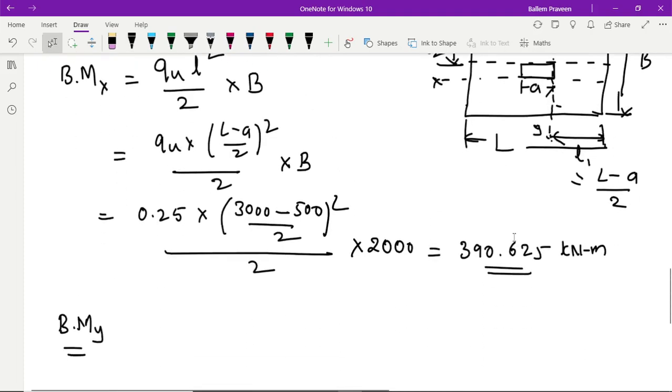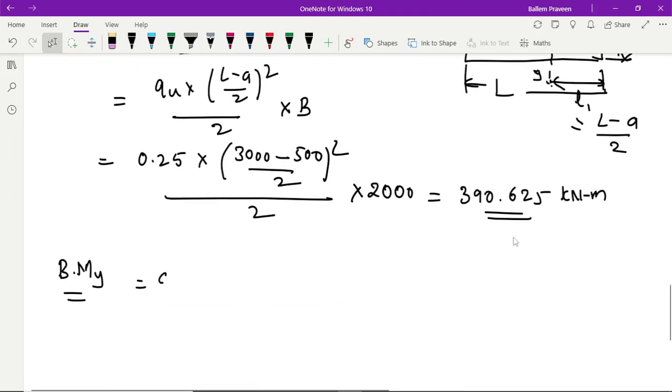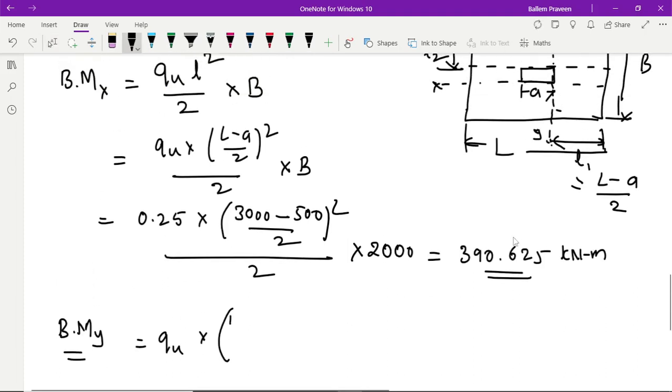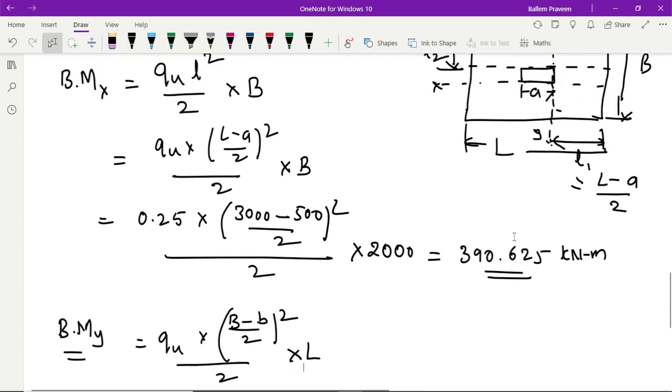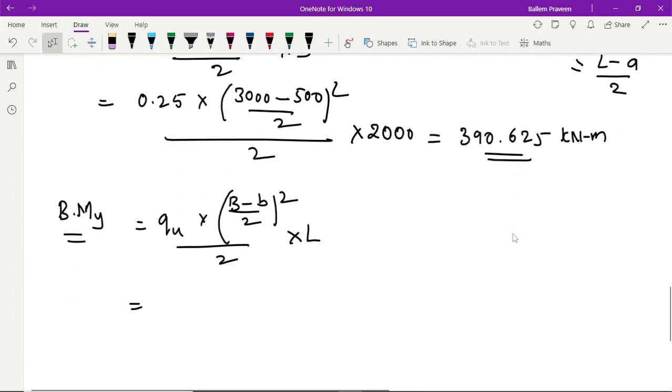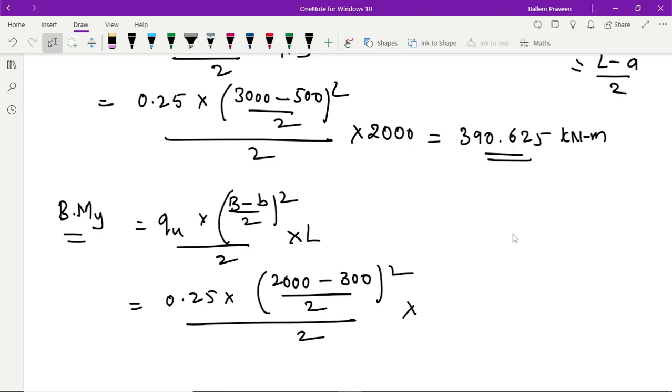So it's the same formula, qu into, here your L becomes (b minus small b by 2) square divided by 2 into L. 0.5 into (B is 2000 minus small b which is 300) square divided by 2, your L is 3000.